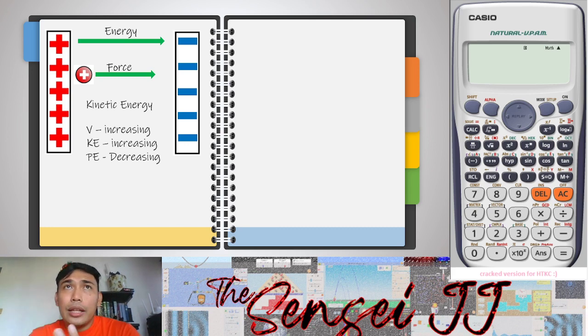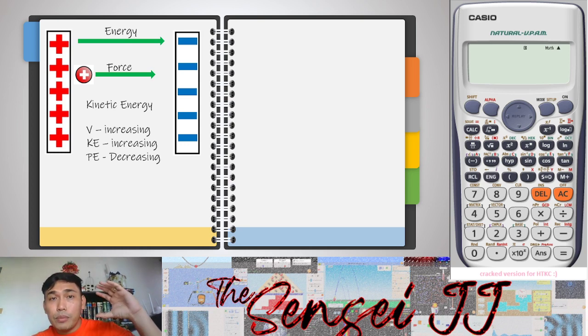So, 'di ba alam naman natin na potential energy is an energy that is not being used, okay? While kinetic energy is an energy that is being expelled or being discharged through movements. Okay, so once an object moves, kinetic energy is involved, the potential energy will be absent.